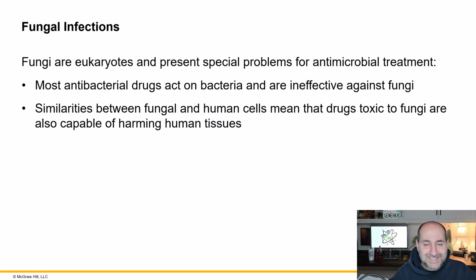So this means that they tend to have a low TI, or therapeutic index. Similarities between fungal and human cells mean that drugs toxic to fungi are also capable of harming human tissues. This is why it's so hard to treat fungal infections. So we need to know that.